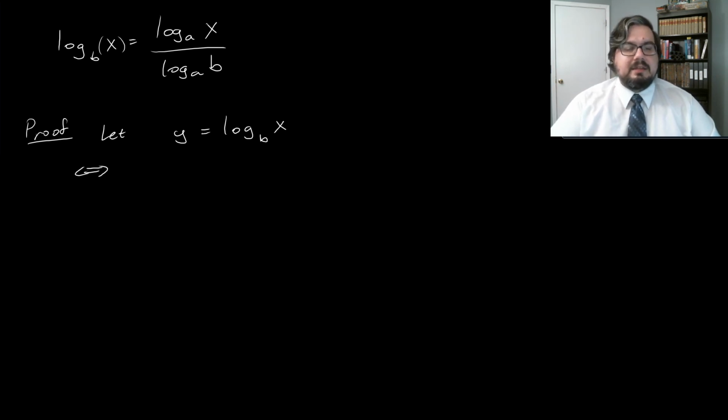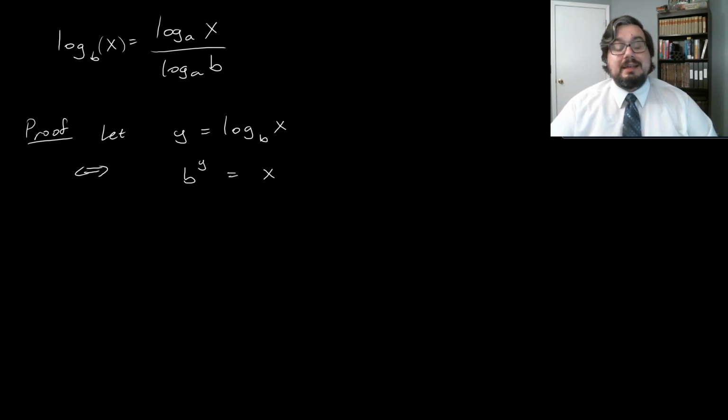Now the equivalent exponential form of this is that b to the y is equal to x. Now we're going to take the logarithm with base a of both sides. Because the two sides of the equation are equal, if we take the logarithm with base a of both sides, those expressions are going to be equal as well.